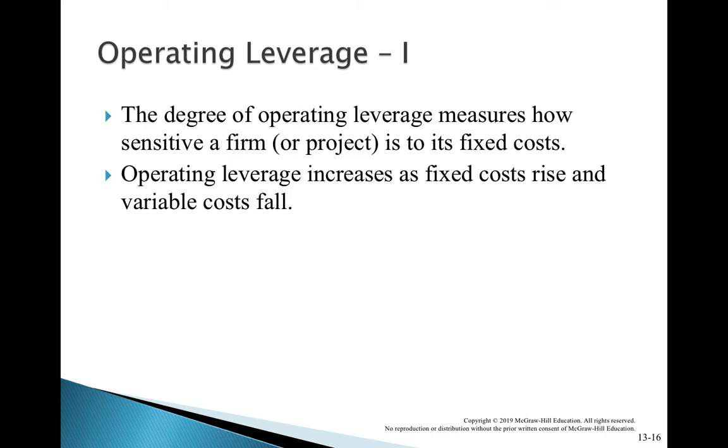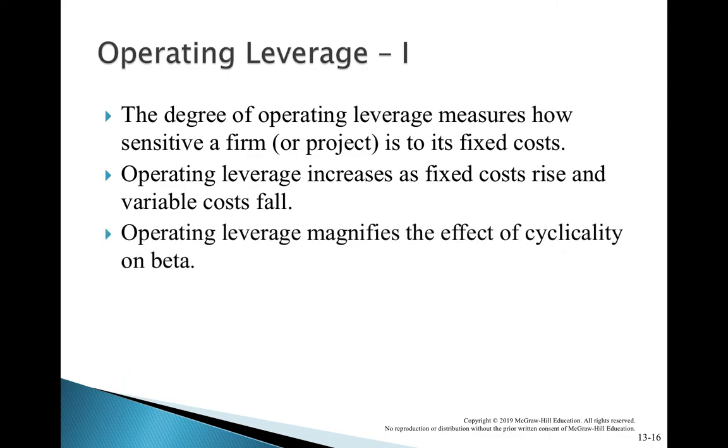If two companies are there, one having high fixed cost, the other having low fixed cost, then the first company has more operating leverage, the second company has low operating leverage. Why? The first company has high fixed cost, so high operating leverage. Operating leverage magnifies the effect of cyclicality on beta. So whether it is during the increasing time or decreasing time, the operating leverage magnifies the cyclicality on the beta.